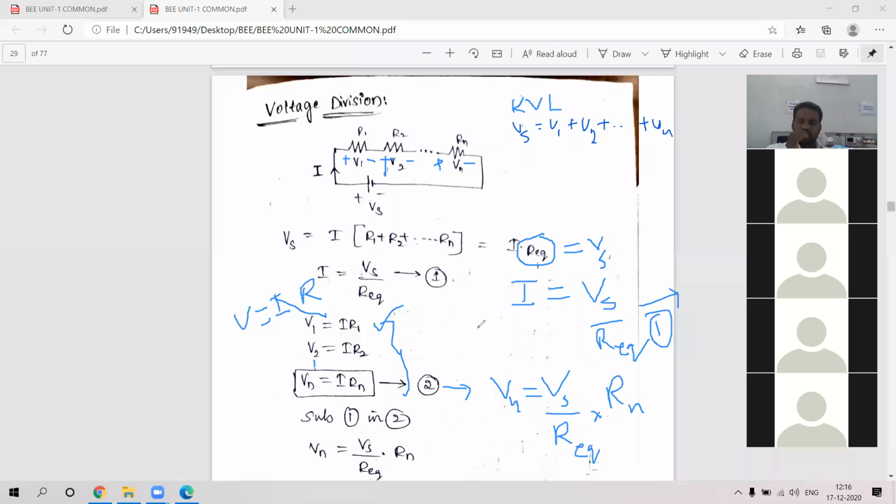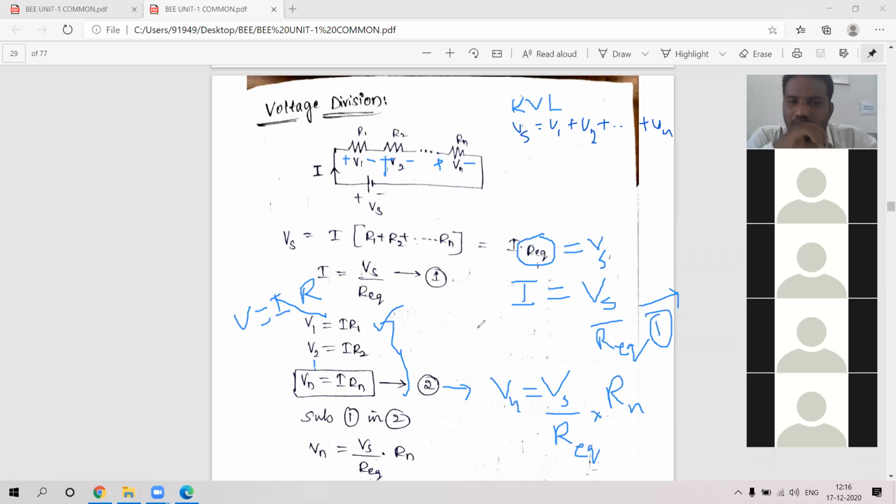Directly you substitute the formula: Vs, the total voltage, into the particular resistor Rn, by the total resistance, that is R equivalent. This is the standard formula you can write.